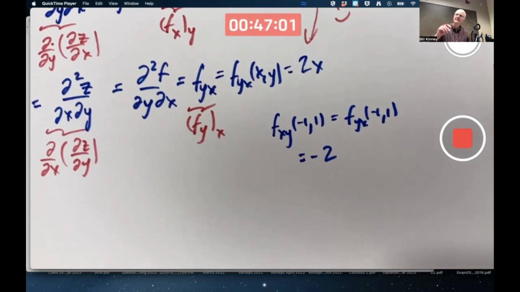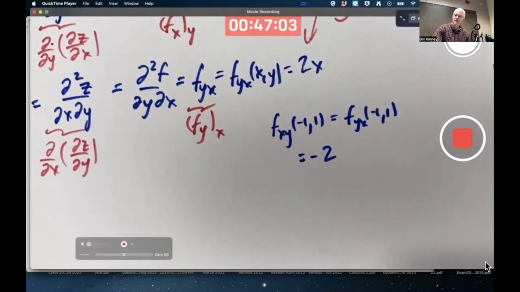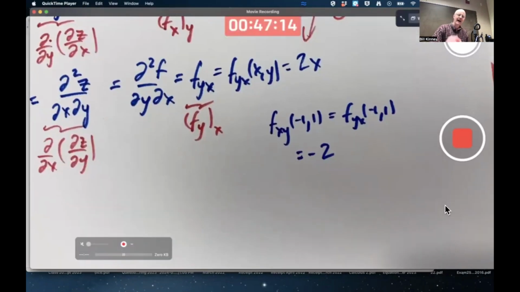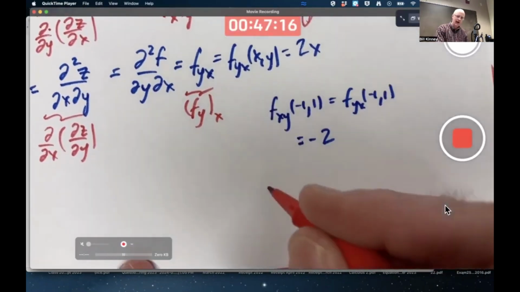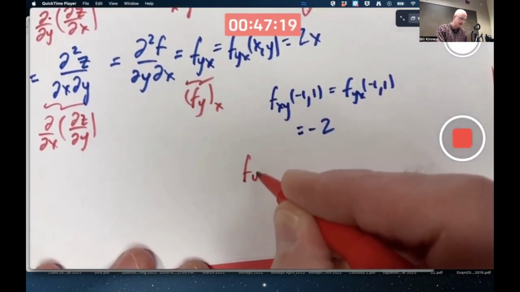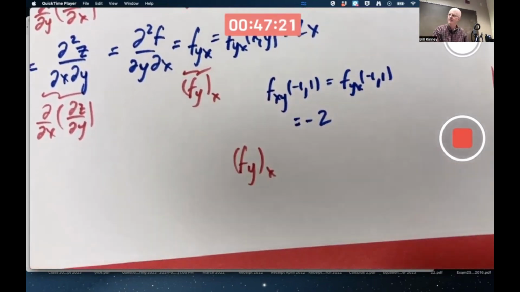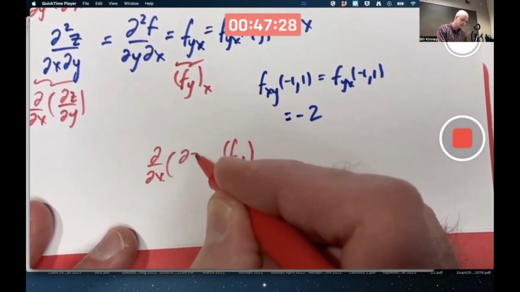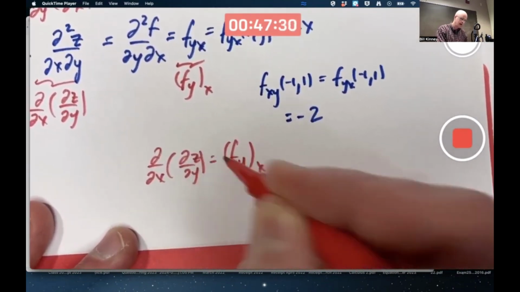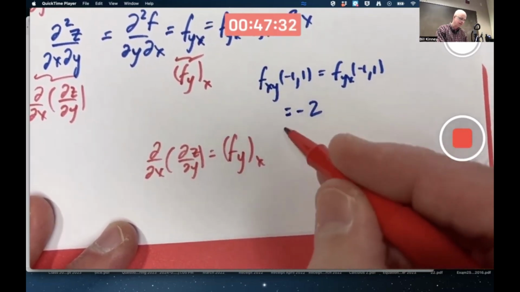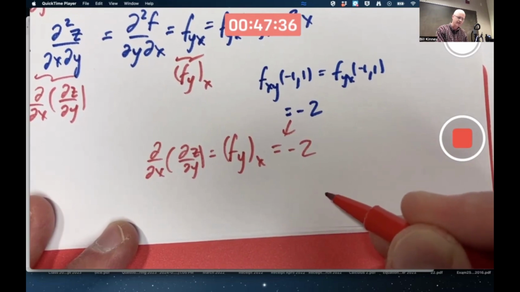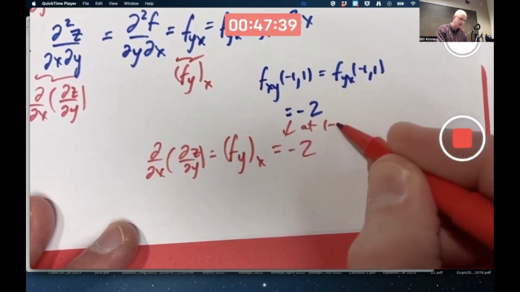The green line's slope was a slope in the Y direction. It was a partial with respect to Y. I'm letting X increase now. I'm really trying to understand this rate of change, or if you prefer, this rate of change at the given point, being -2. At that given point, at (-1, 1).